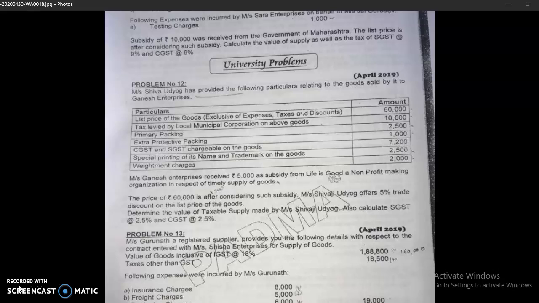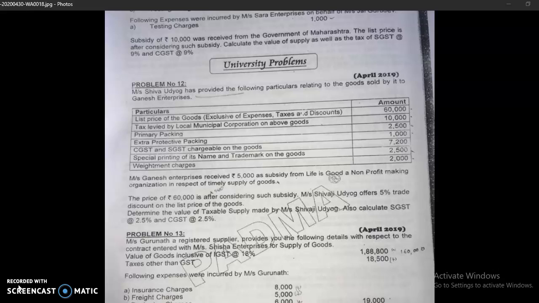Once again I am repeating the basic rule. First of all, for calculating the value of supply, you have to consider the list price of goods, then any expenses incurred by the supplier as well as the consumer on behalf of the supplier, that is to be added.